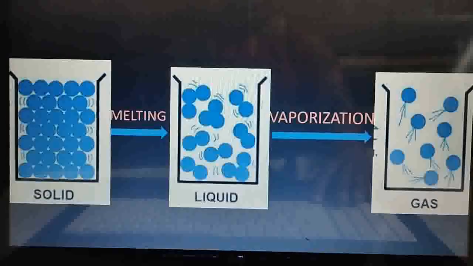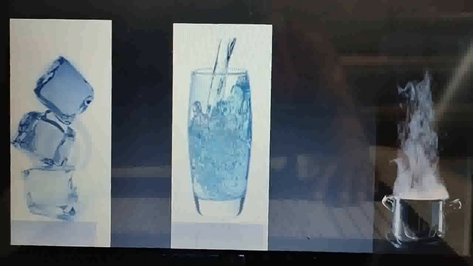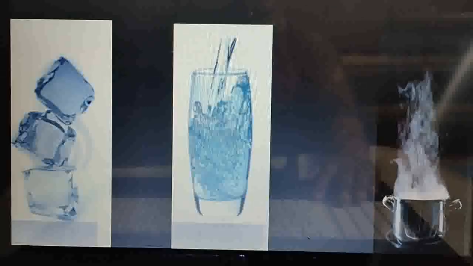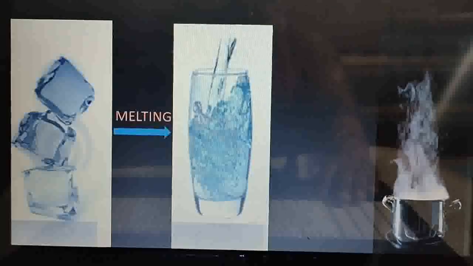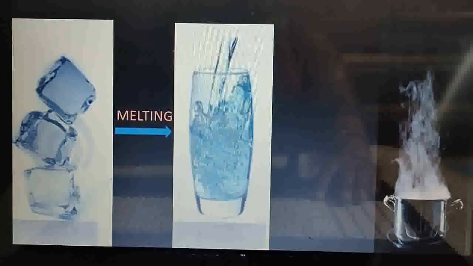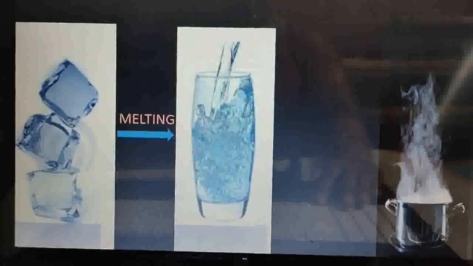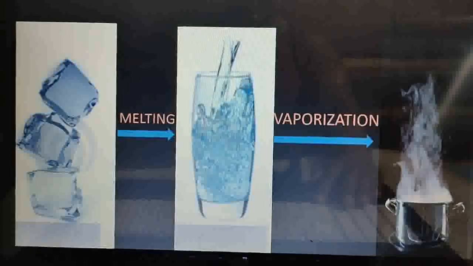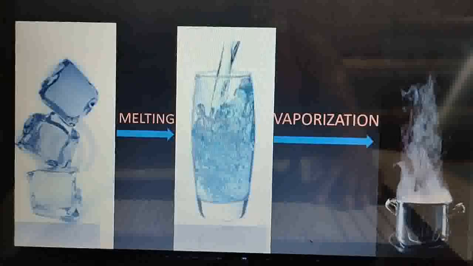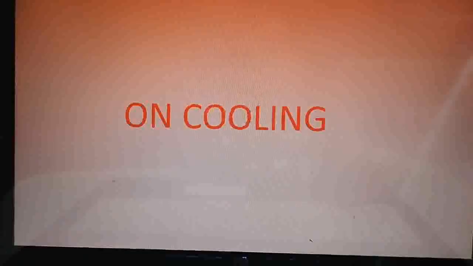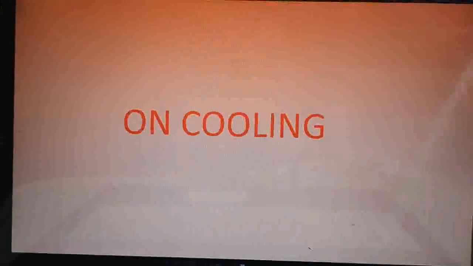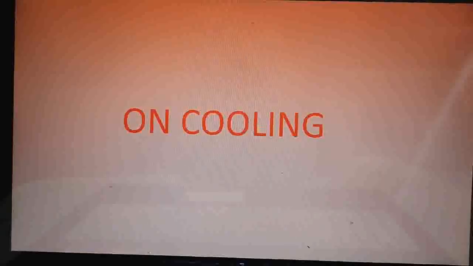Taking an example of this, ice is a solid form. It changes to water. This is called melting. And when we heat water, it changes to a gaseous substance. This gaseous substance is called vaporization. Now children, in the same manner, we will discuss the effect of cooling on changing states of matter.